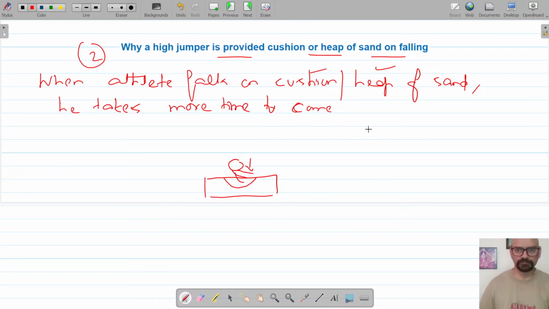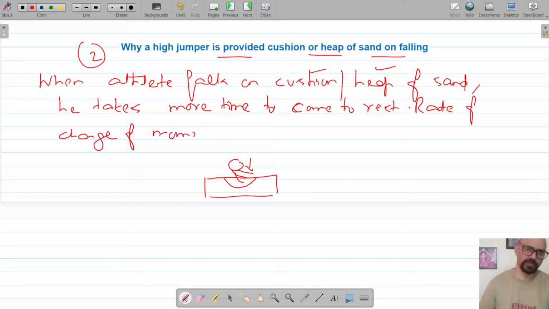And so he takes more time to come to rest, and by doing this, the rate of change of momentum of the athlete is less, which reduces the rate of change of momentum.